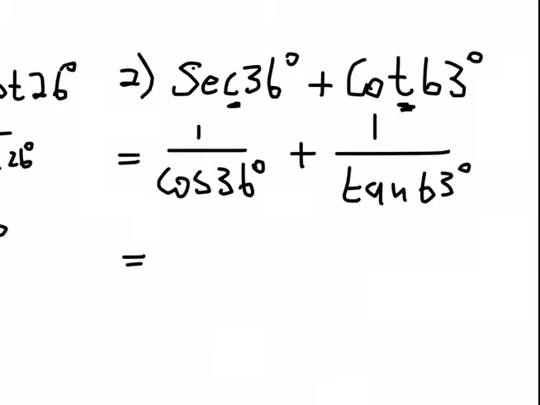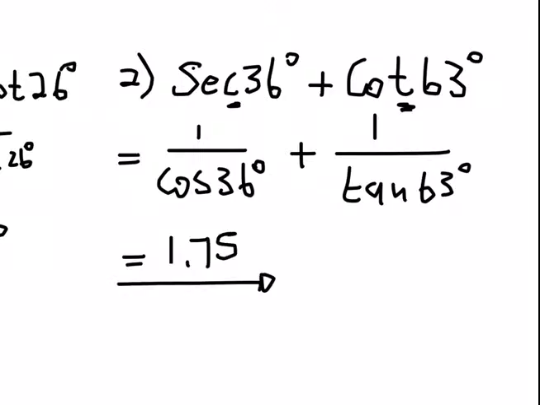Just hold on. I want to verify if I have copied it correctly. Okay, then it's fine. So that means you will have 1 over cos 36 plus 1 over tan 63 degrees, and then rounding off to 2 decimal places, it gives that.